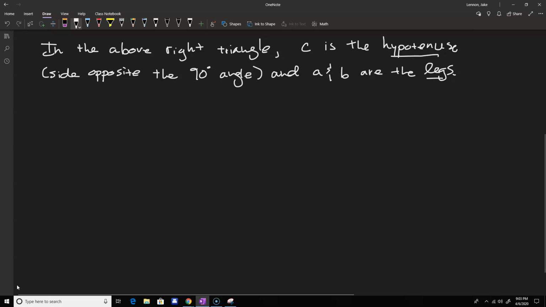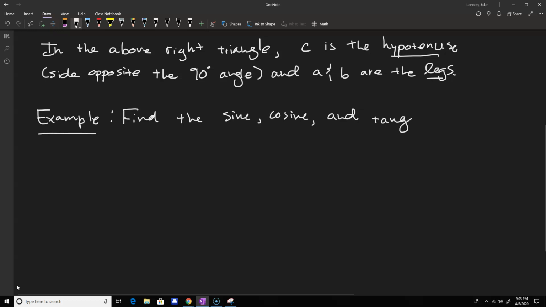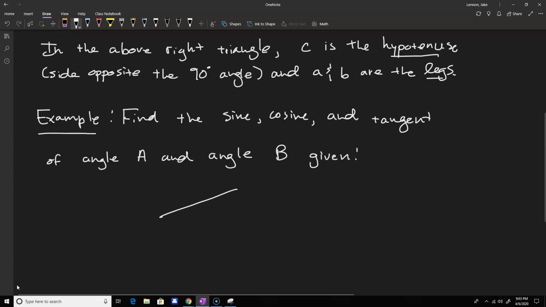So in this example, let's say find the sine, cosine, and tangent of angle A and angle B. Given, so let me draw you a triangle. So let's say this triangle looks like this.